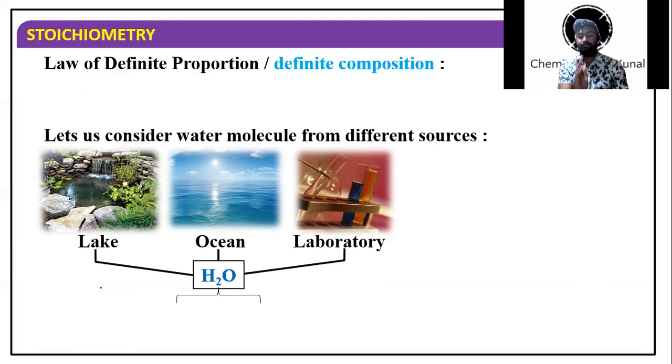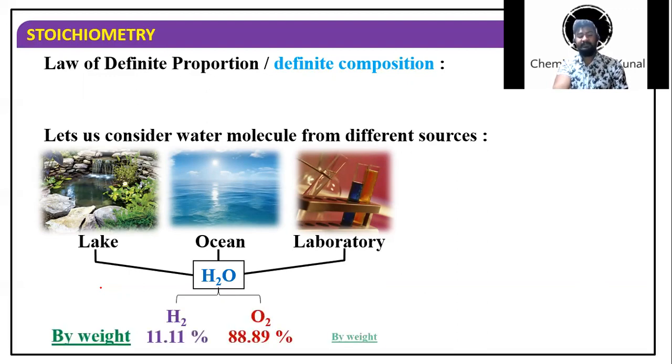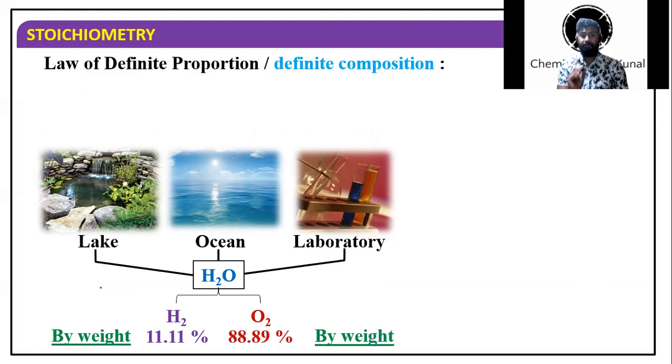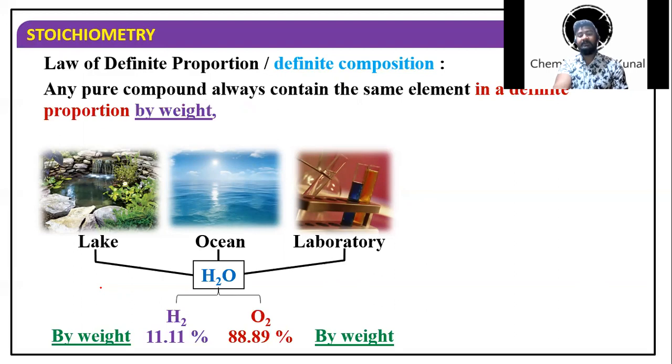It has a ratio of 2 hydrogen atoms and 1 oxygen atom. Mass wise it's fixed too: 11.1% is hydrogen, 88.89% is oxygen. And this is what we mean by the law of definite proportion: irrespective of the source of a substance, any compound always contains the same elements in a fixed proportion by weight.